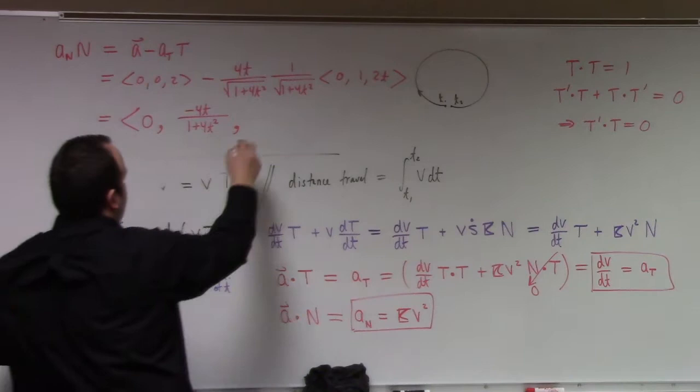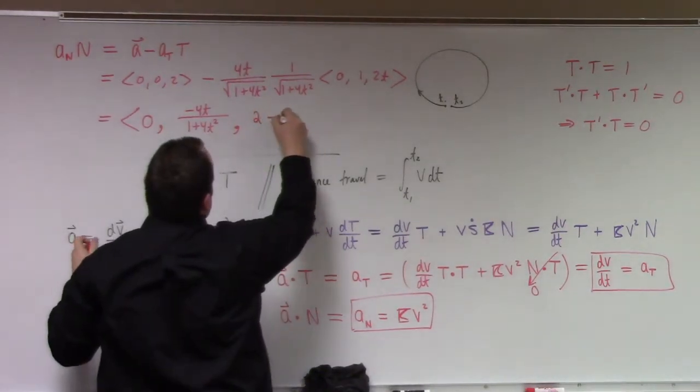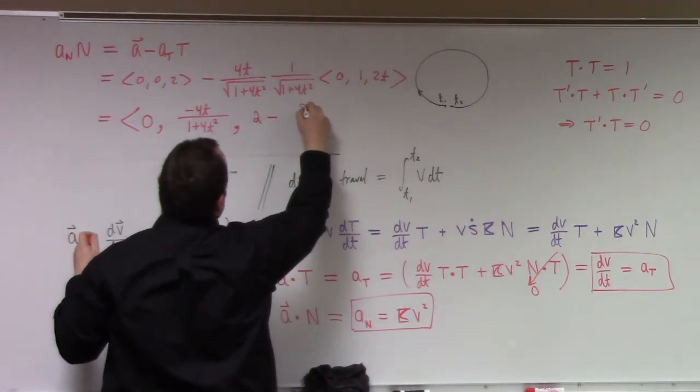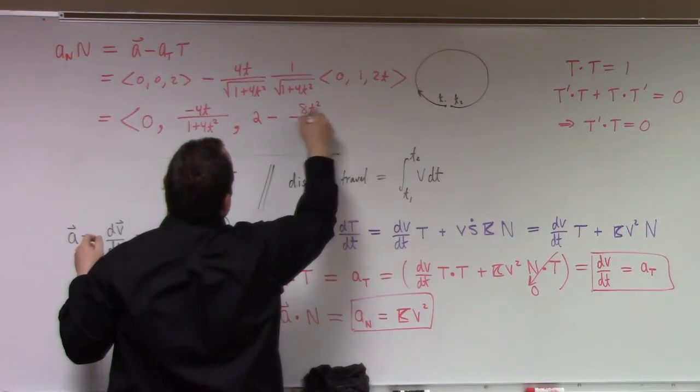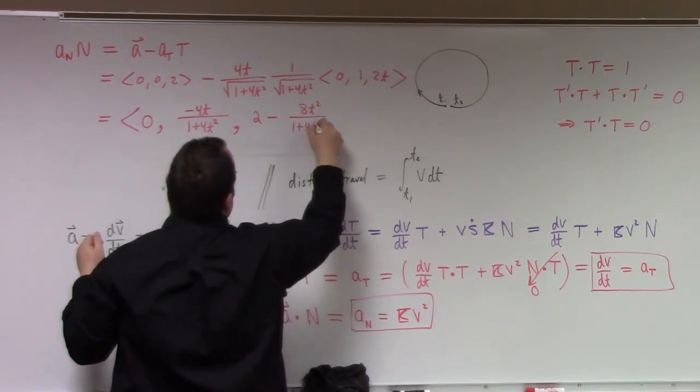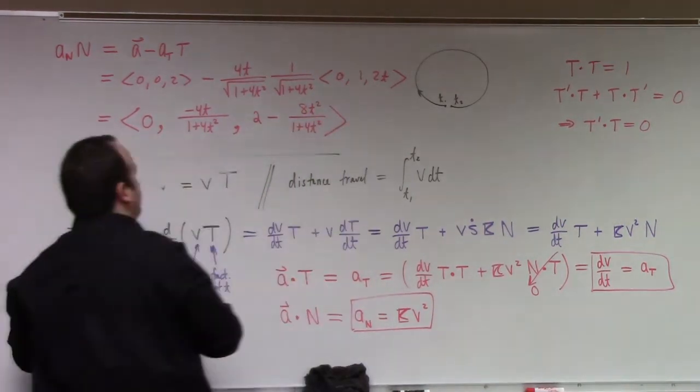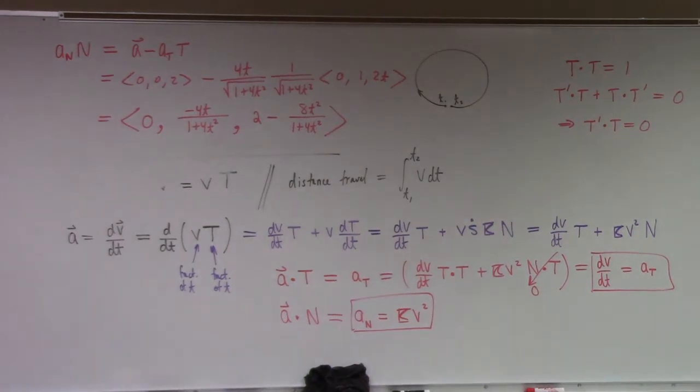We've got ourselves a 2, right? Minus 8t squared divided by 1 plus 4t squared. That's the normal component to the acceleration. You notice that I did not have to calculate curvature to get this.